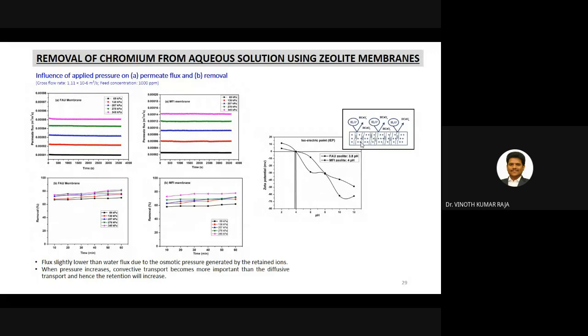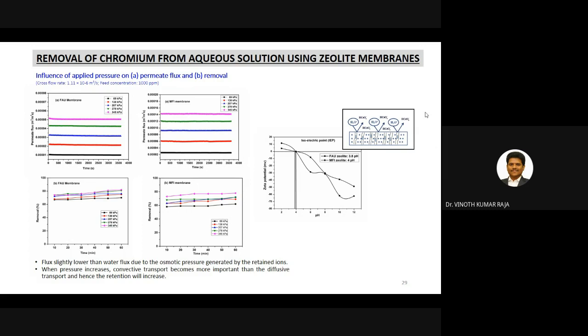So when the charged membrane, both the membranes, are in contact with the chromic acid solution, the concentration of ions with the same charge as the membrane will be lower near the surface of the membrane, and the other ions, which have the opposite charge, will have a higher concentration.